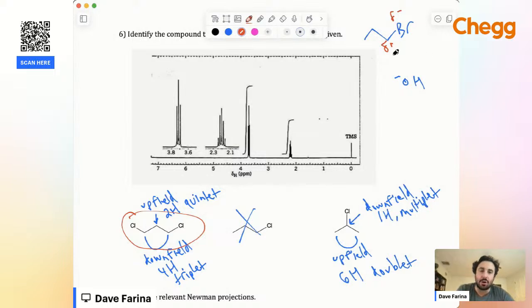The bromine is much larger. So hydroxide can attack the electrophilic site, which is the partial positive carbon, kick off the bromine, and you get the alcohol product.